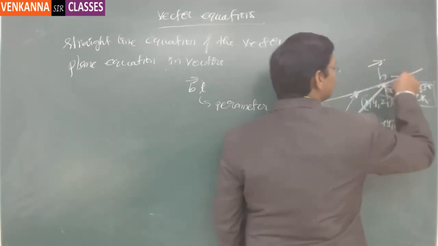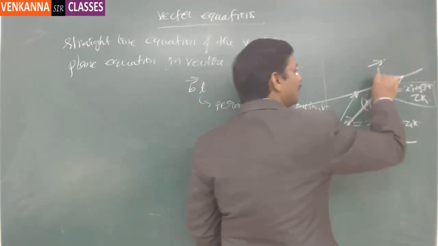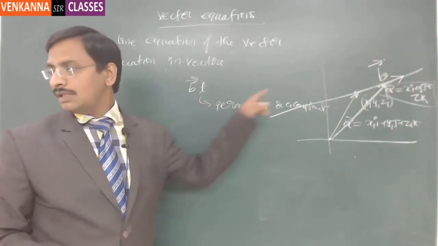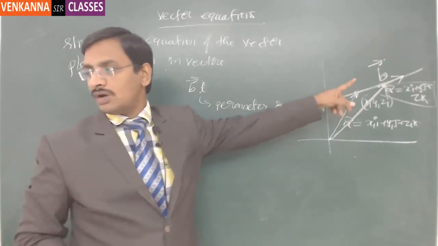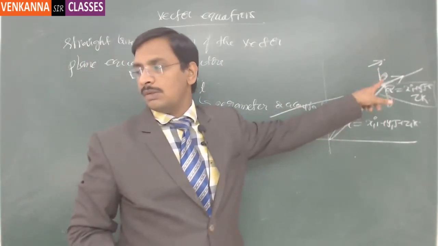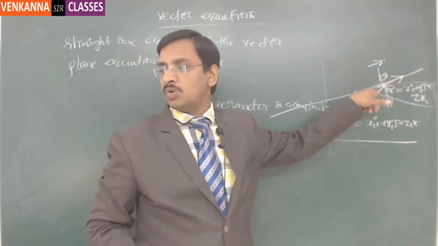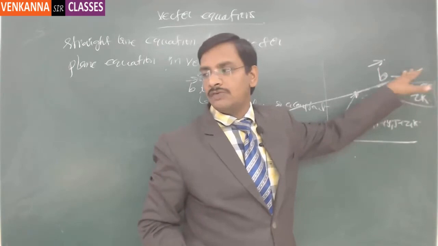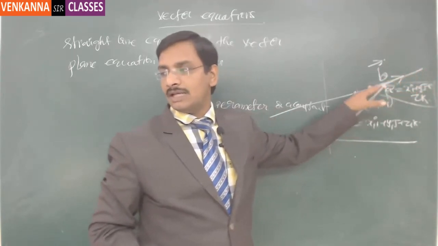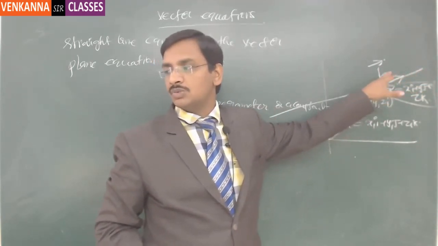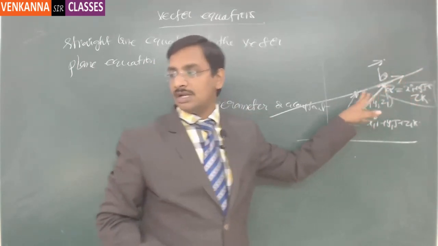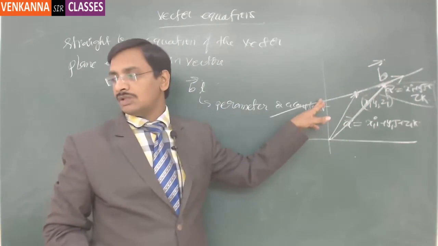If you multiply this b vector with some constant t, then this will give the magnitude of b. So bt, if the t value is more than 1, will give you a value which is more than the b vector. If the t value is less, it will be lesser than the b vector. If the t value is 1, then it is going to be exactly equal to the b vector. Suppose if the t value is negative, it is going to give you a vector which is in the opposite direction.